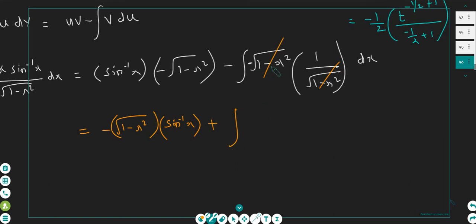Inside the integral I have only 1 dx. Therefore it is minus root of 1 minus x squared sine inverse of x plus x plus c. This is the final answer for the integration given.